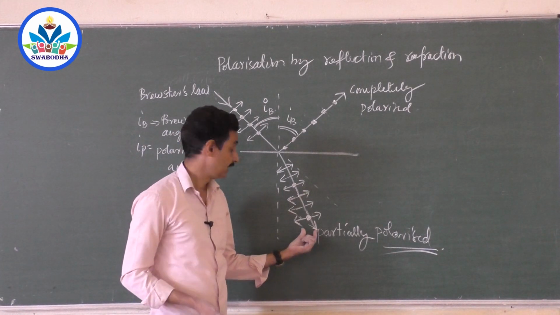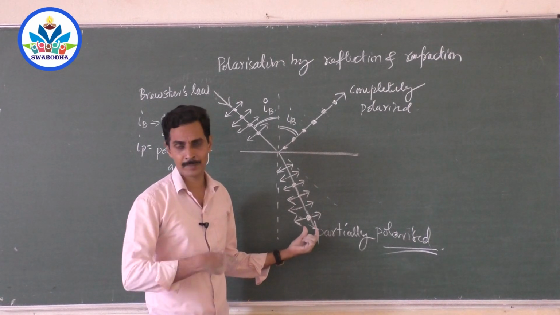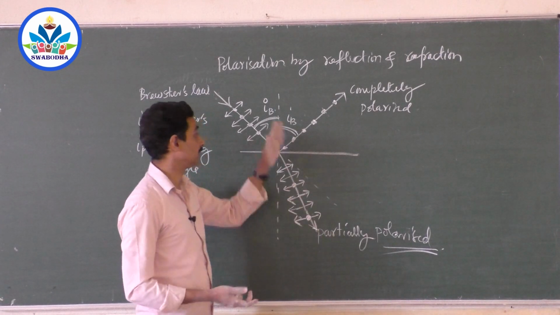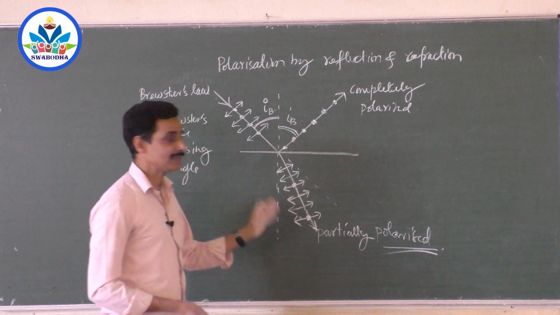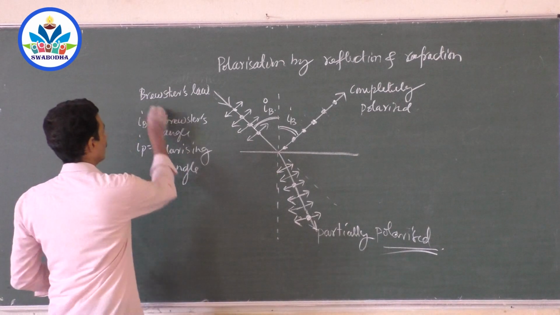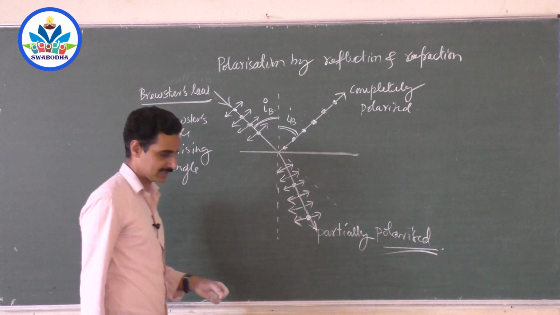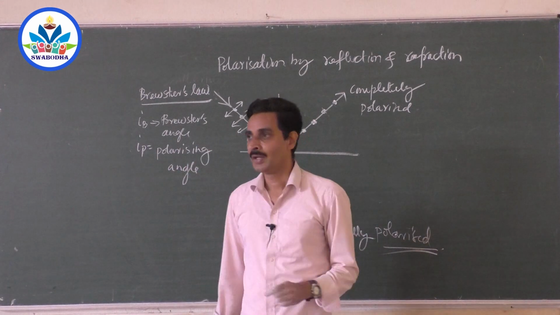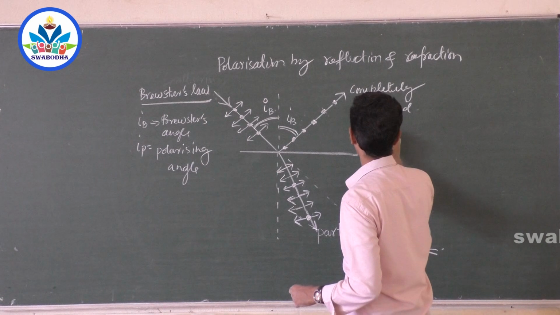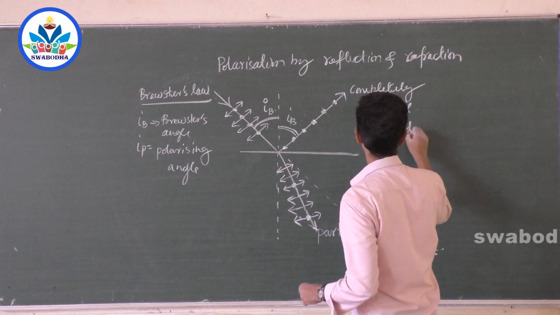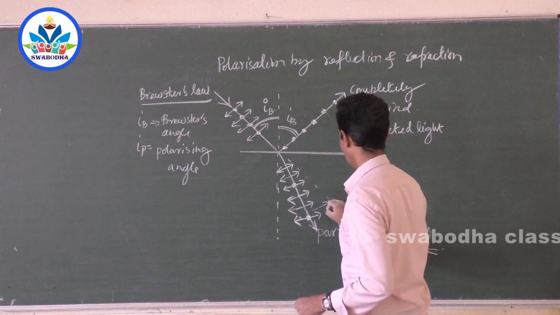What do you mean by this? It has got polarized to the maximum extent, and beyond this you can't expect, even if you change the angle of incidence. So now at this condition, Brewster gave a law. He's a scientist. At this condition, he says that the reflected light and refracted light, this is the refracted light, right?